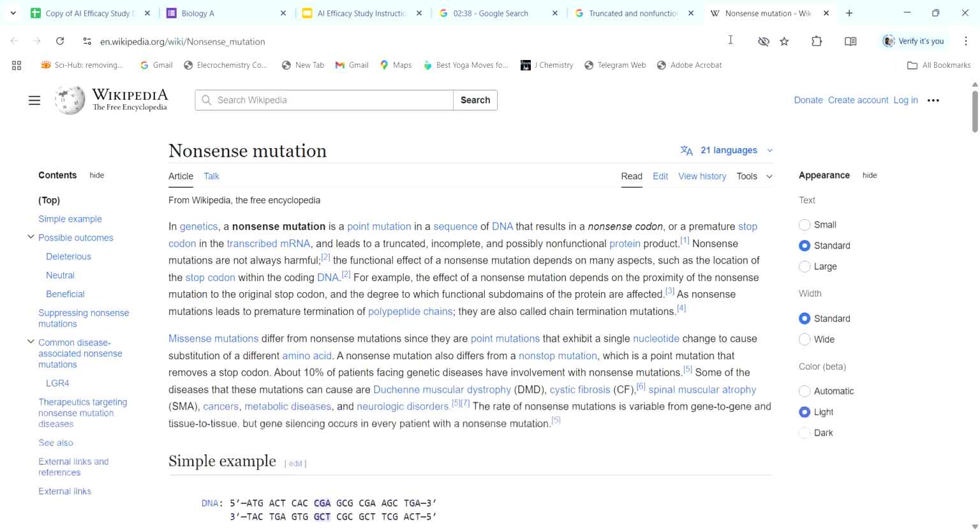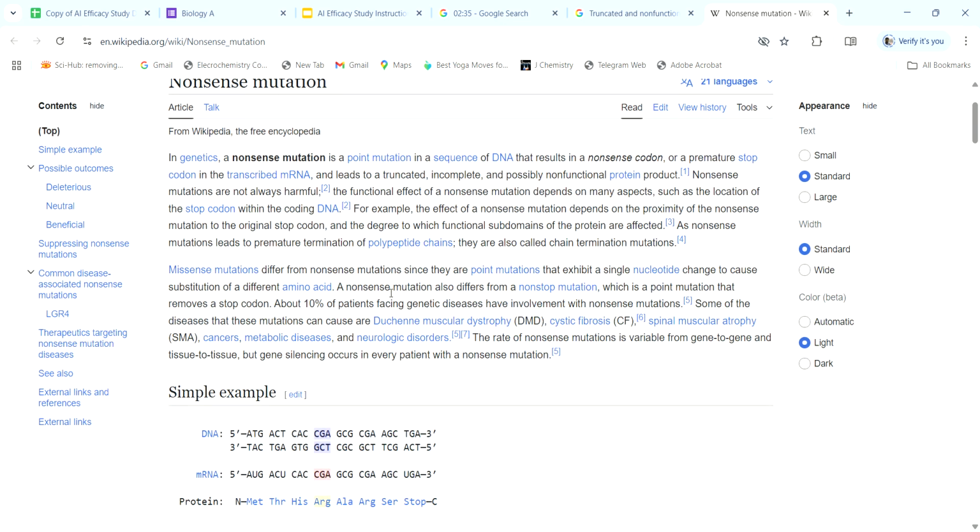Nonsense mutation: in genetics, a nonsense mutation is a point mutation.